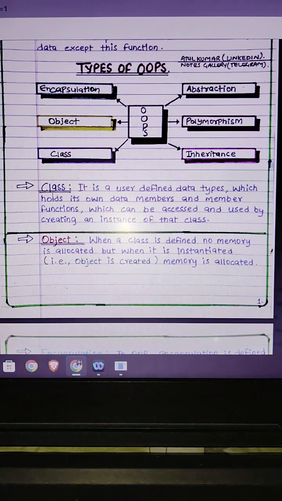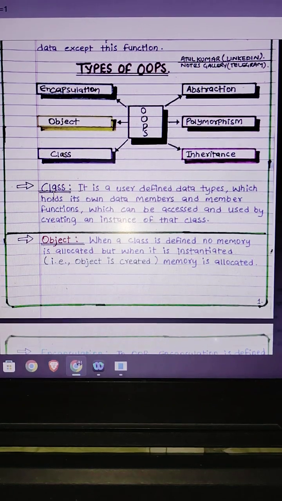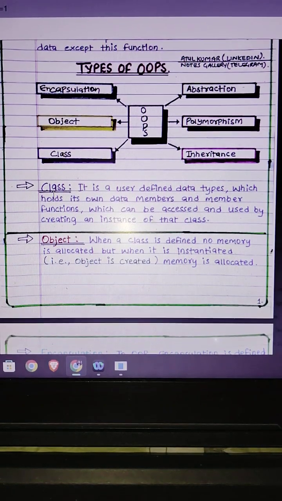Now discuss the class. What is a class? It is a user defined data type. Class is also a feature of OOPS, and it is basically a user defined data type which holds its own data members and member functions, which can be accessed and used by creating an instance of that class.